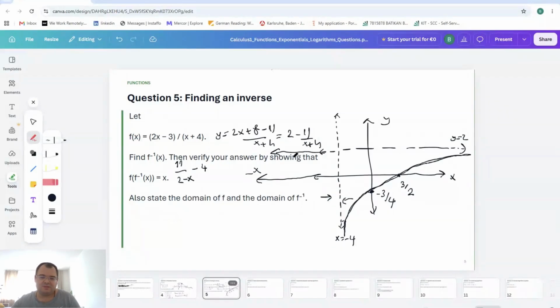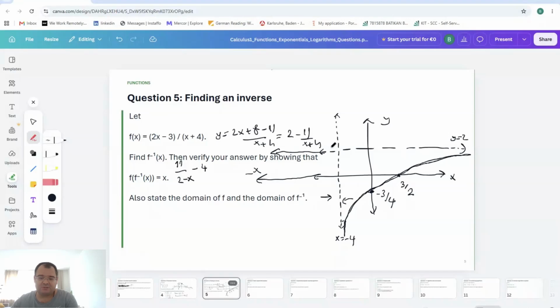Assume that you put minus infinity as an input parameter. Minus infinity plus 4 results in minus infinity in the denominator. You have 2 plus 11 over minus infinity. 11 over infinity goes to 0, 2 plus 0 goes to 2.